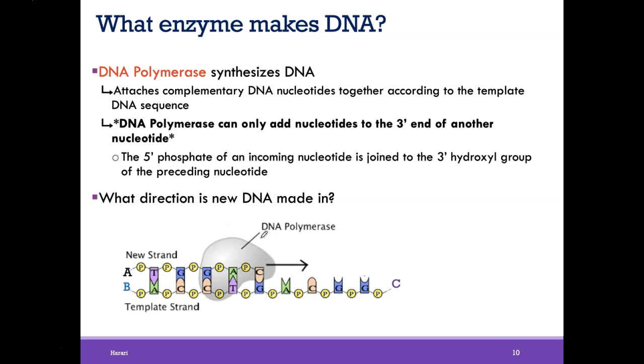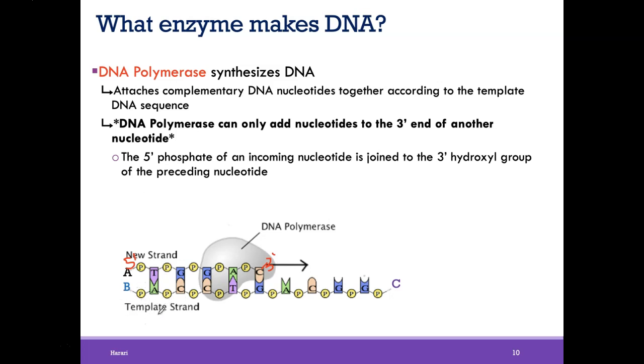So that means here's DNA polymerase. What end must this be? If it's adding to this end, this must be the 3' end. So DNA polymerase is making new DNA 5' to 3'. DNA polymerase recognizes the 3' end of the template.